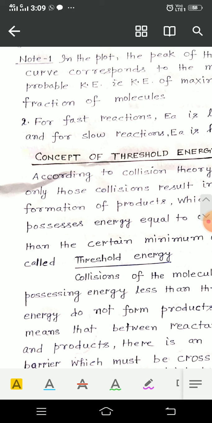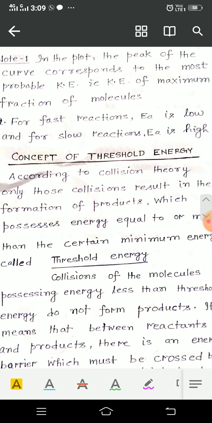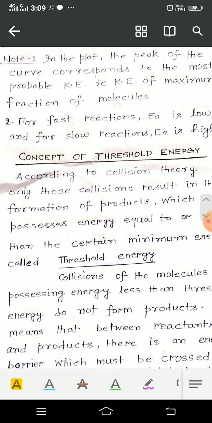So this is the concept of threshold energy.